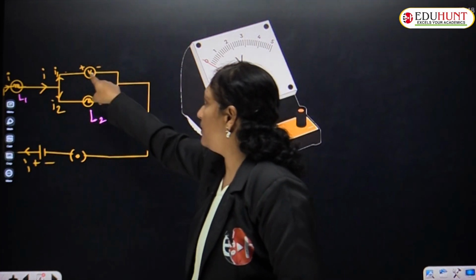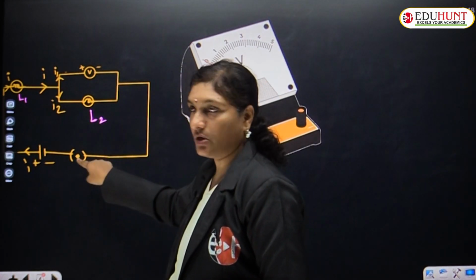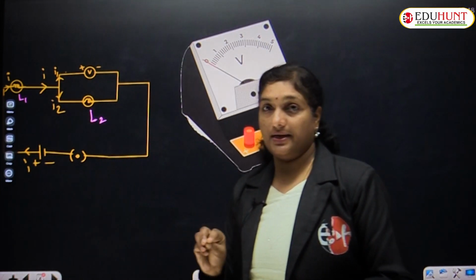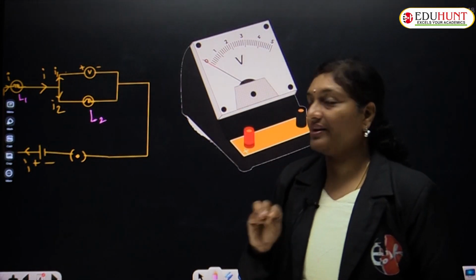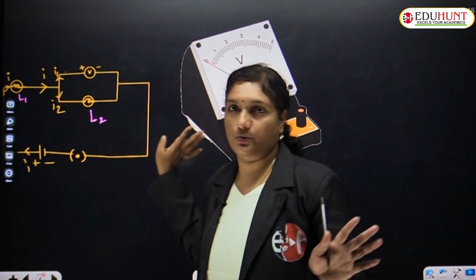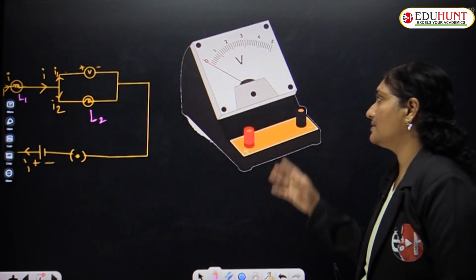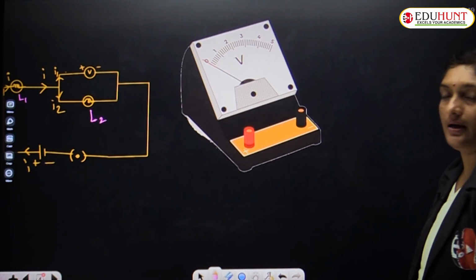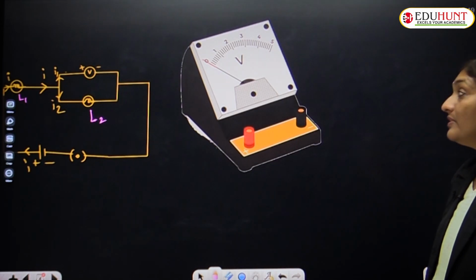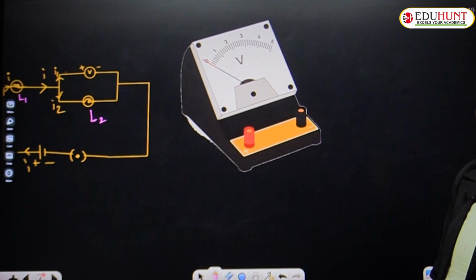Whenever the circuit is closed, this voltmeter gives the reading of potential difference across the bulb L2, only bulb L2, not the bulb L1. This is how a voltmeter is connected in circuits, which measures the potential difference.